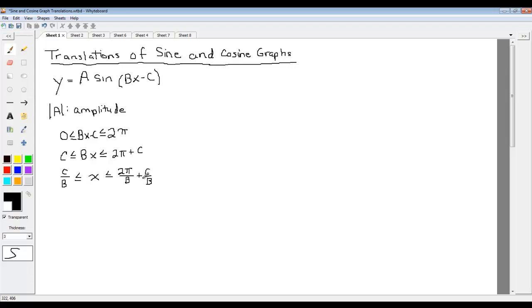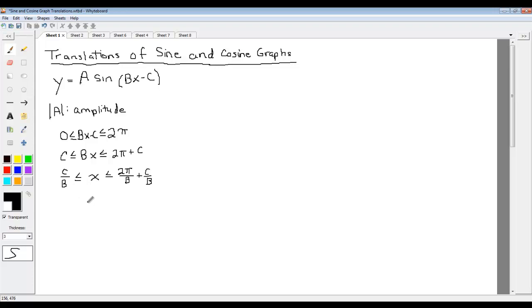These values are going to tell you something about what's happening with the shifts and so forth of the graph. You still have the 2 pi over b for the period. That's going to tell you basically how wide the graph is before it starts to repeat. But then you've added in this c over b.